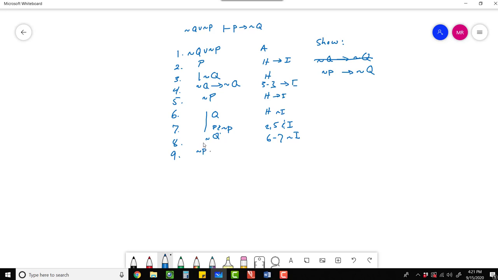If not P, then not Q. Yep, that's an ugly line. And that's by 5 through 8, conditional introduction, right? So we got that one.